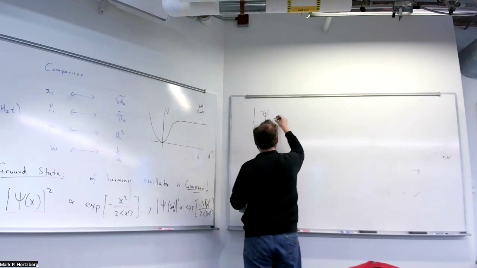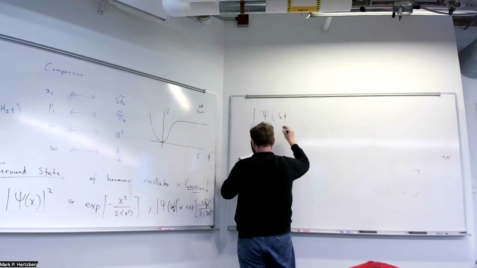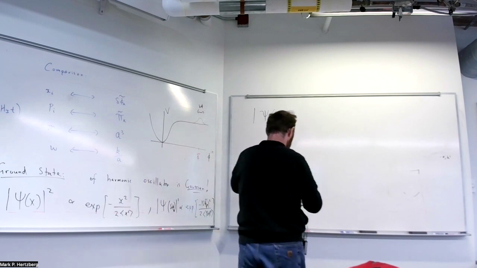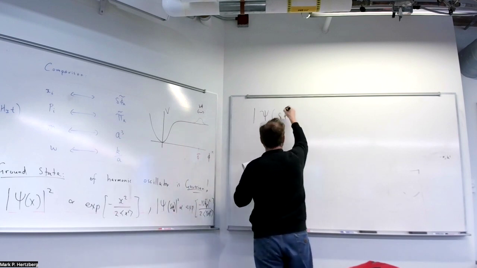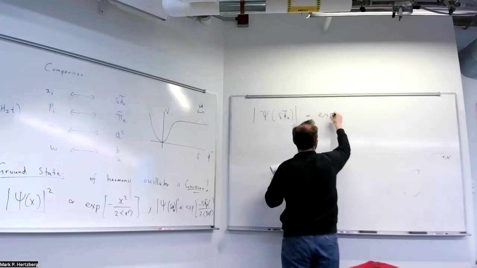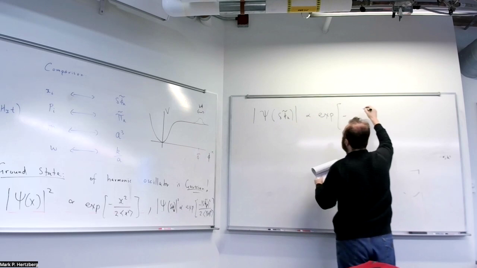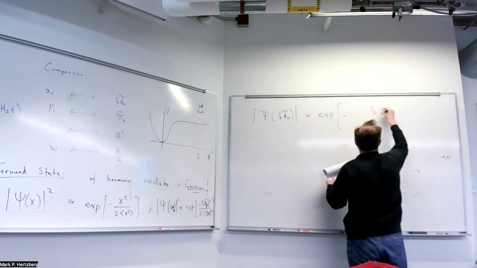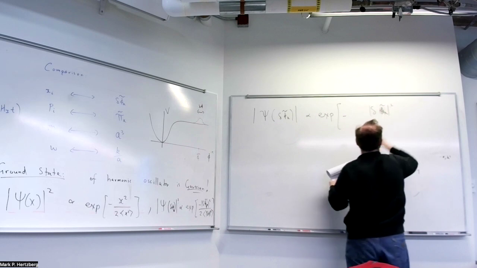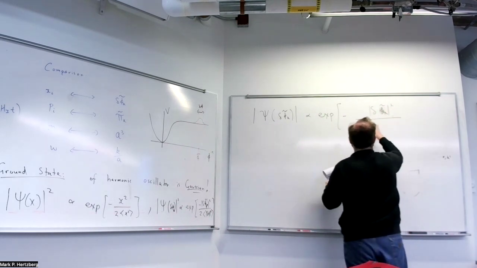The wave function, delta phi, with the twiddle variable at this stage, I'm just saying it's proportional to the exponential of our random variable over its variance.